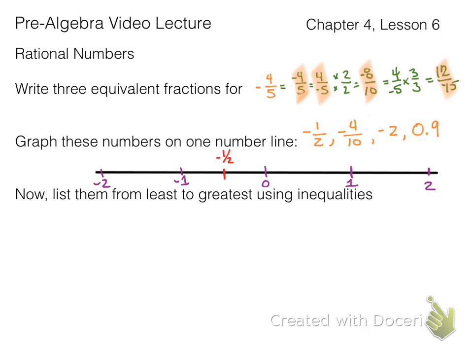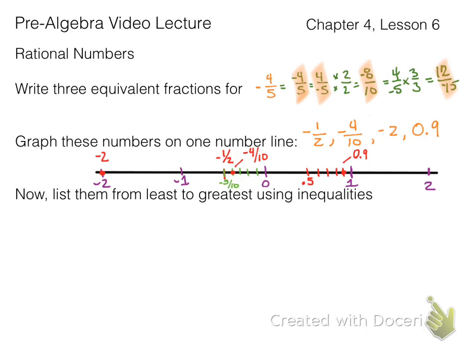Well, I know that the halfway point, negative 1/2, is the equivalent of negative 5/10, right there. So if I break up the distance between 0 and negative 5/10 into 5 parts, I will be able to find negative 4/10, which is right there. Beautiful. And then negative 2, well, it's already on there, so there it is again.